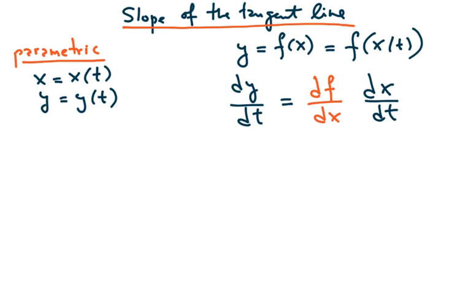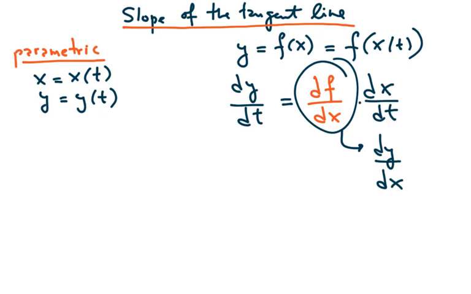And we observe that this derivative here that we have in red, the derivative of f respect to x, this is just f is y, right? So this is just the derivative of y respect to x. That is the derivative that we want to calculate. So we have here this derivative as a part of a product, so we just can solve for it.